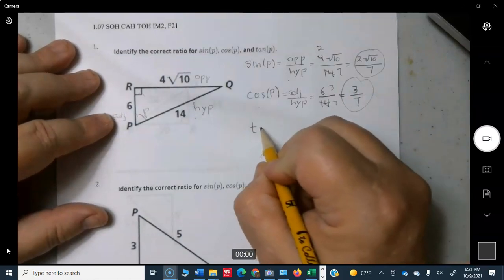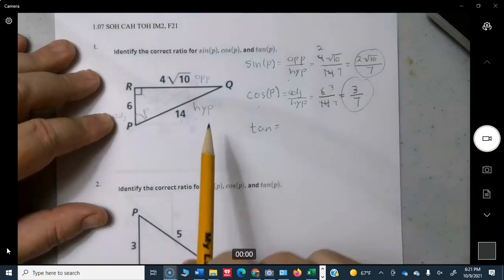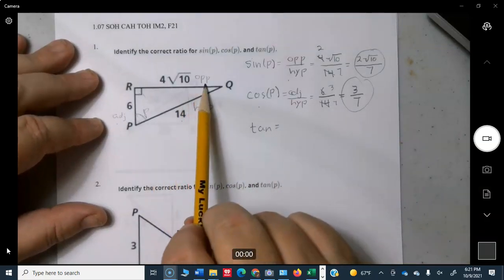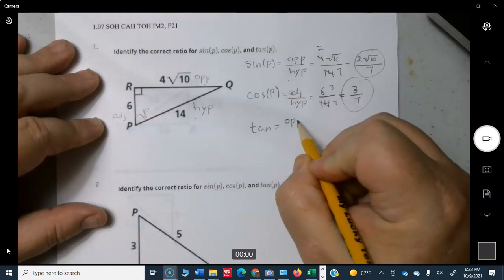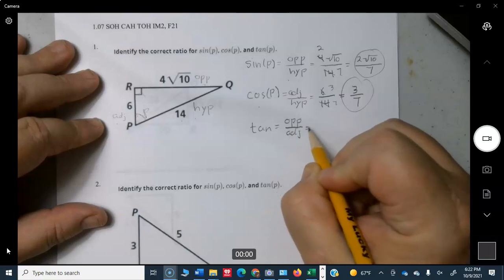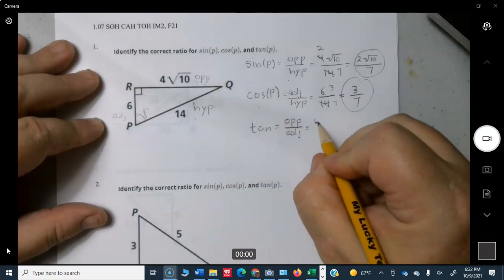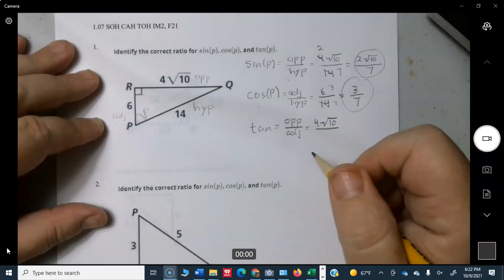Finally, tangent. Tangent is, and go back to the front page if you need to reference this, it's opposite over adjacent. So if you write this every time, you won't need that reference sheet on the front. You just write these out. So the opposite is again 4 root 10 over 6.